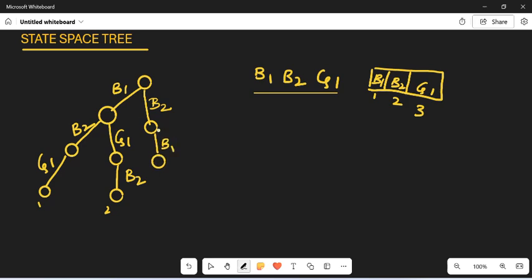I may make boy 1 sit, or I may make the girl 1 sit, yes or no. And in the third chair, if boy 2 is sitting in the first chair and boy 1 is sitting in the second chair, the third chair is obviously girl 1. Similarly, if in the first chair boy 2 is sitting, second chair girl 1 is sitting, and the third chair is nothing but boy 1. Therefore, these are another two possibilities, right.